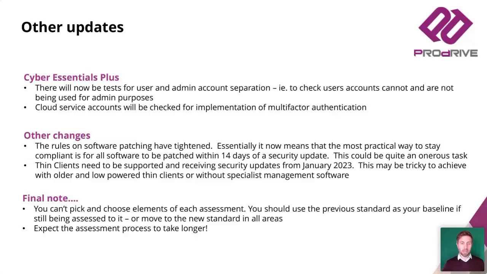So you've got plenty of time to do it, but as I mentioned, the cloud side of things can be tricky, so it's worth starting that early. And really, you should expect these assessments to take a bit longer than they were before, just because you've got all this cloud element to deal with.